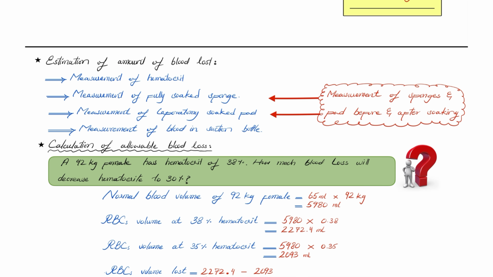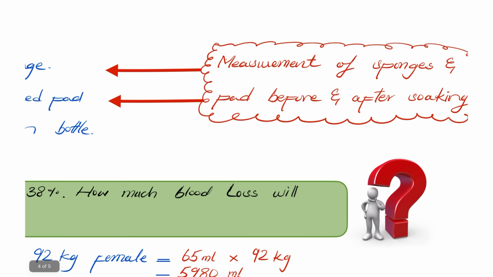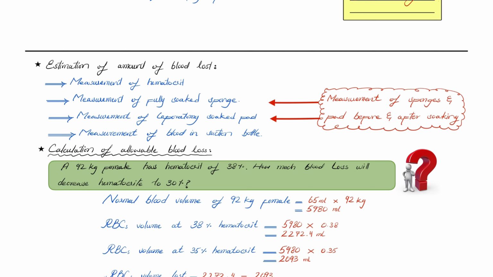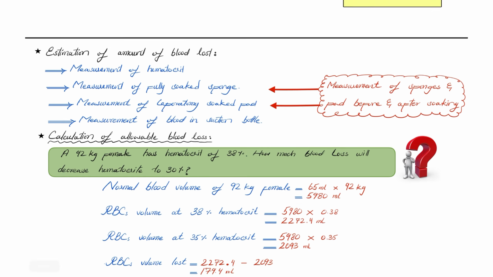The most reliable test is measurement of hematocrit, but you can also do some other rough estimation of blood lost, for instance measurement of fully soaked sponge or fully soaked laparotomy pad. But a better way is to weigh the sponge and laparotomy pad before and then after the surgery. Then you can also measure the blood present inside the suction bottle.